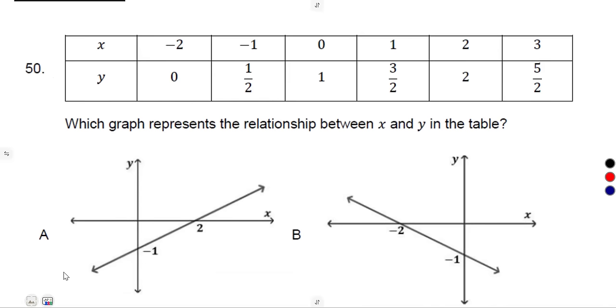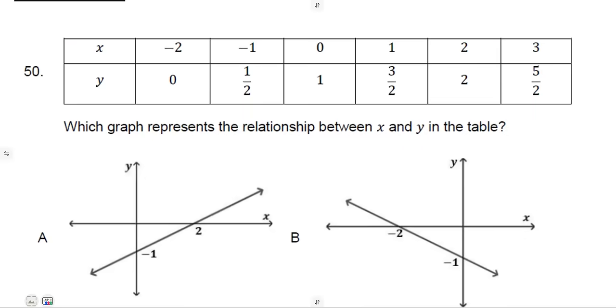Yes, some more guys, some of the things we just have to be okay. What is it that is happening here? Which graph represents the relationship between x and y in the table on question number 50? Okay, graphs, linear functions, linear graphs.